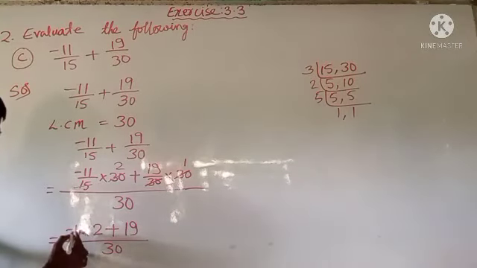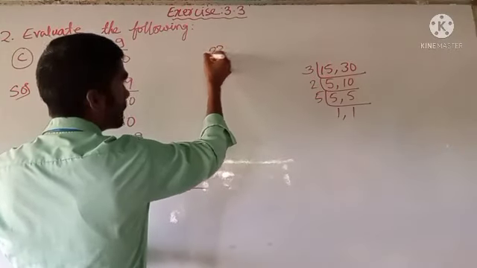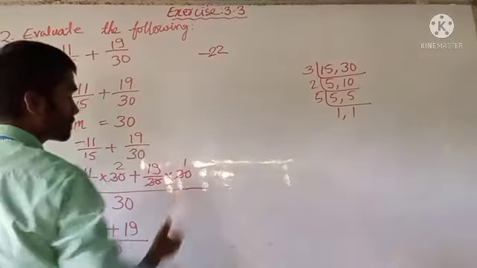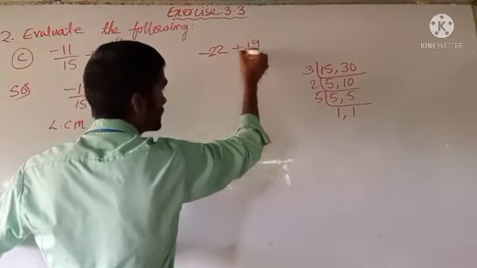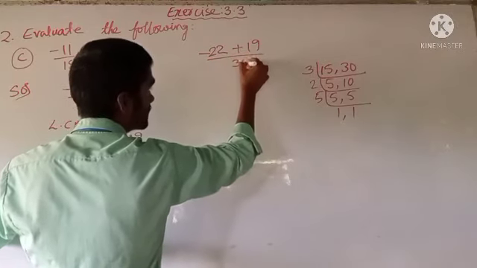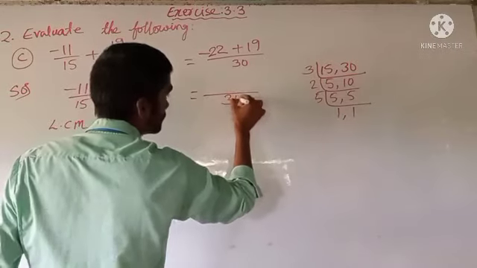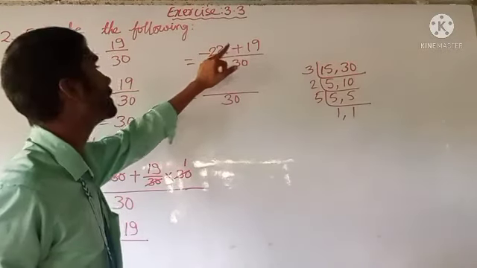So now again 11 into 2 it is 22, and minus sign is there, minus into plus will get the same result, that is plus 19 by 30, that is the LCM. Now here minus into plus, it is minus.